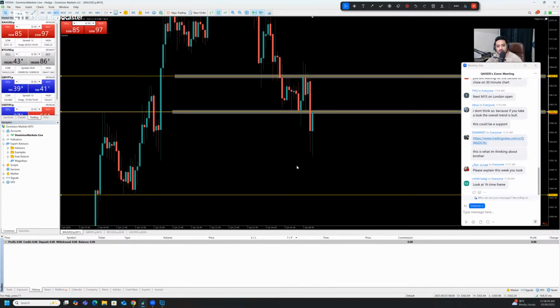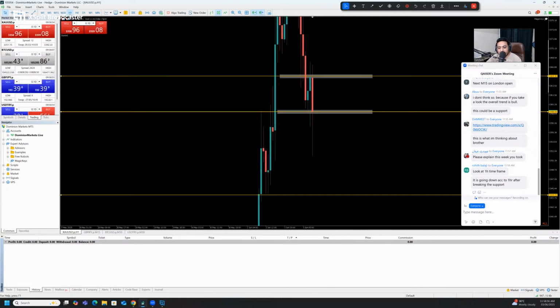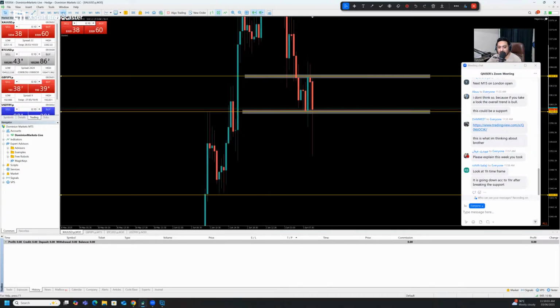There is just like 2 minutes left for the candle to close. Look at the 1 hour time frame, it is going down after breaking the support. There is just like 1 minute left for the candle to close.